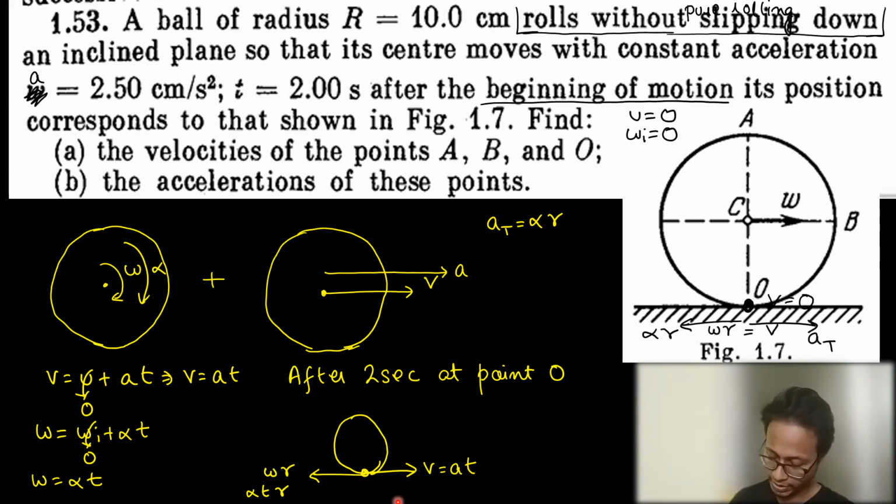From this equation, can I deduce a relation between alpha and a? Of course, I can deduce. See, you can simply write alpha t r is equals to a into t. Okay, t and t will get cancelled, or a is equals to alpha r. So we have already derived that, and v is equals to omega r.